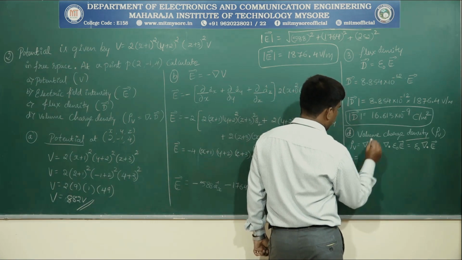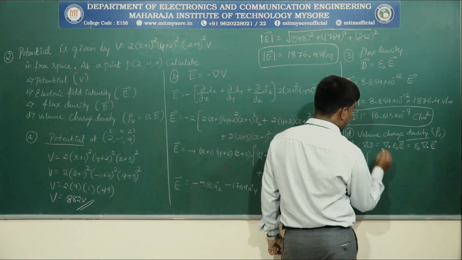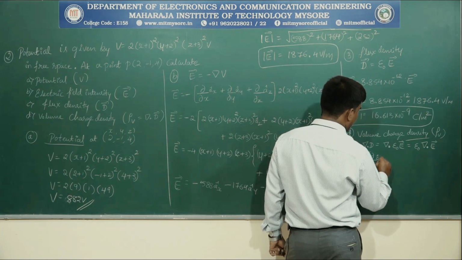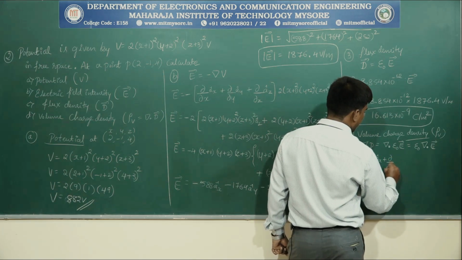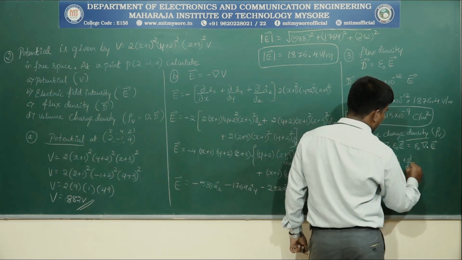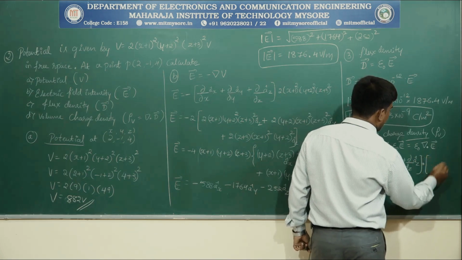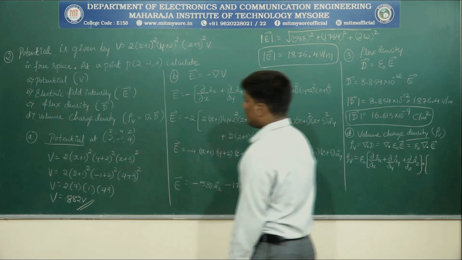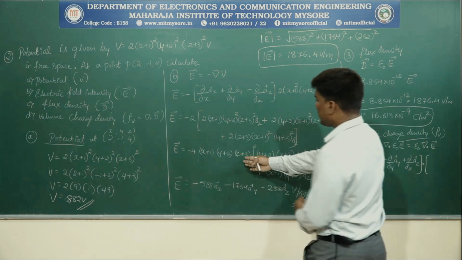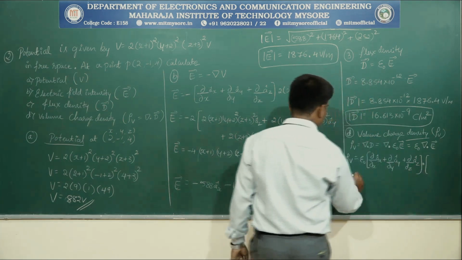Rho v is equal to epsilon naught times of, what is gradient? ∂/∂x of a_x plus ∂/∂y of a_y plus ∂/∂z of a_z, dot E. What is E? We have calculated E here. This is the expression for E, and we can directly substitute it into this equation.